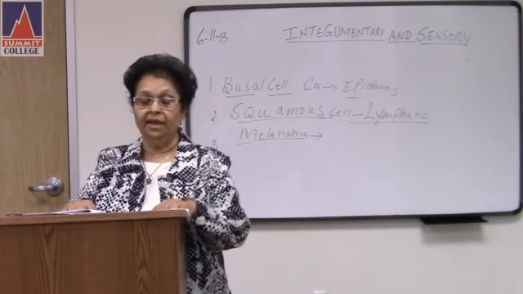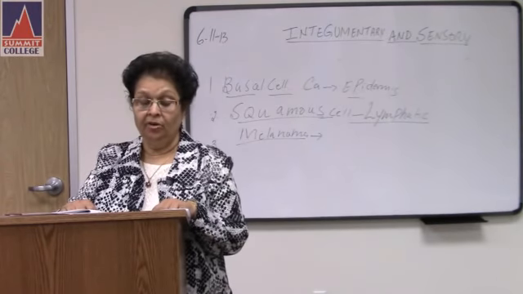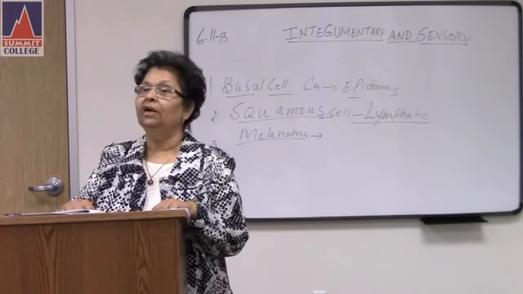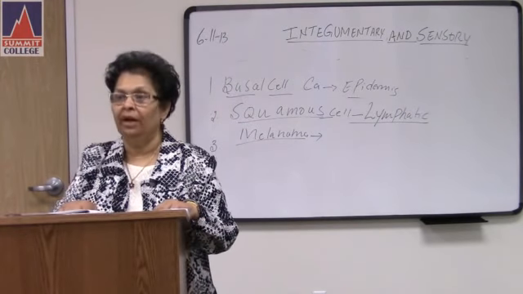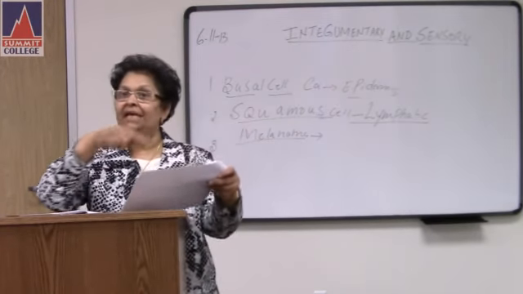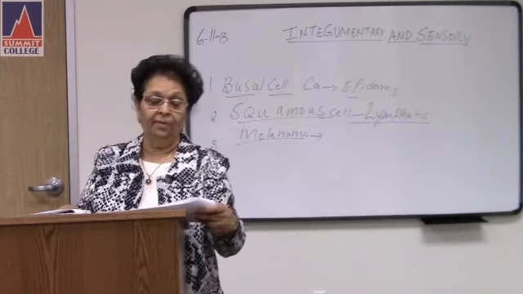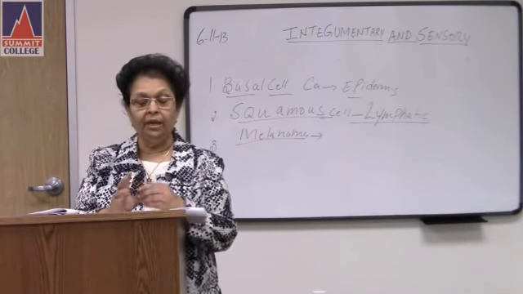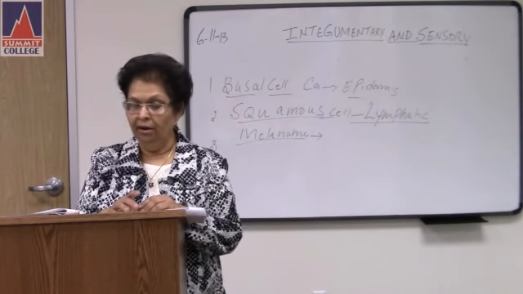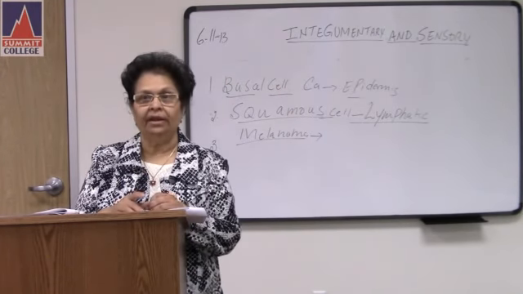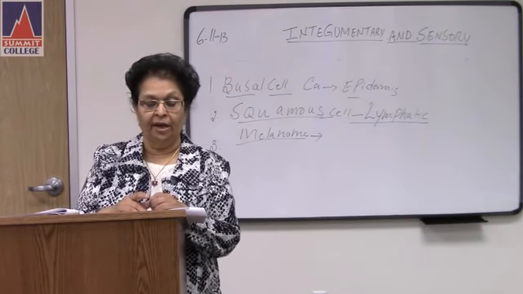Then the second thing in the picture is the border. What are the borders? You can write down there, irregular. If you are looking at the side, they are irregular. And number 3 is color. The colors are darker and varied, so you have to look at the colors.